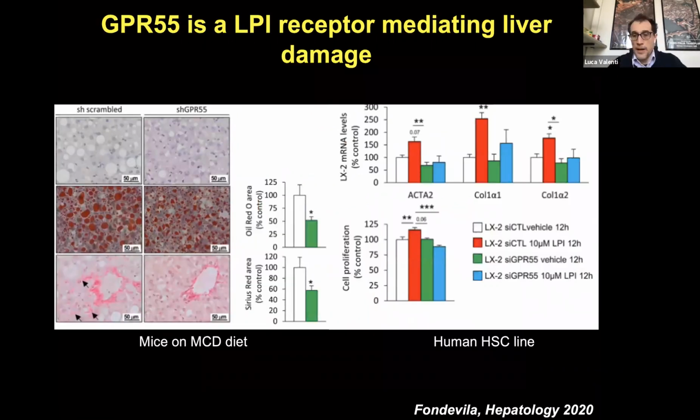And these mice developed progressive liver fibrosis, similar to those with liver-specific knockout of Ambos7.